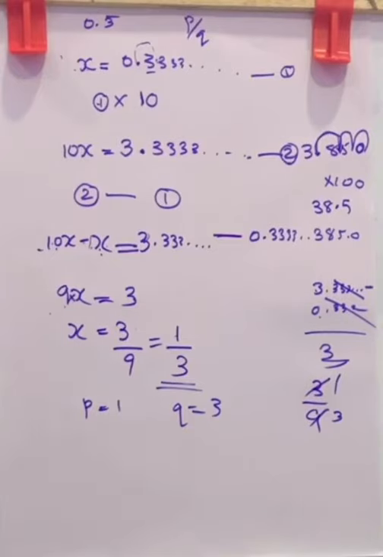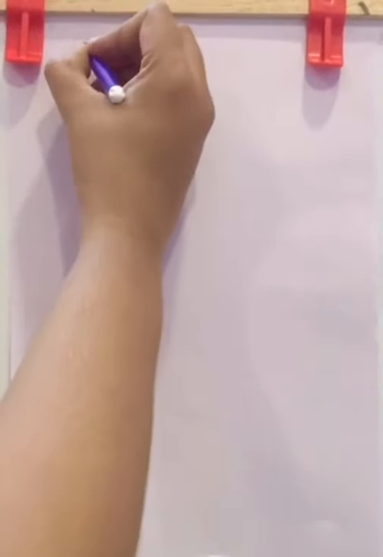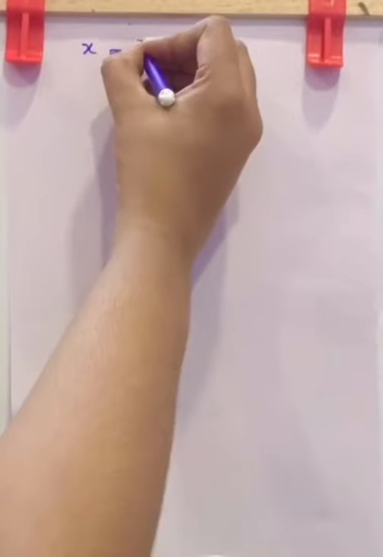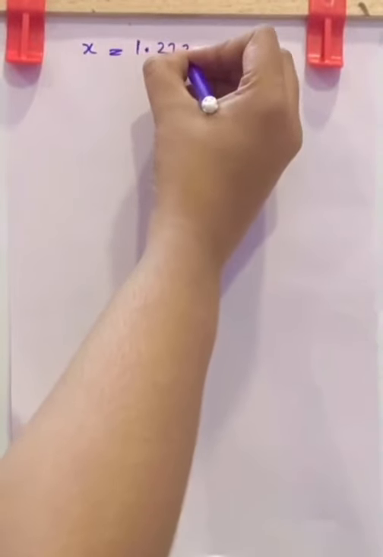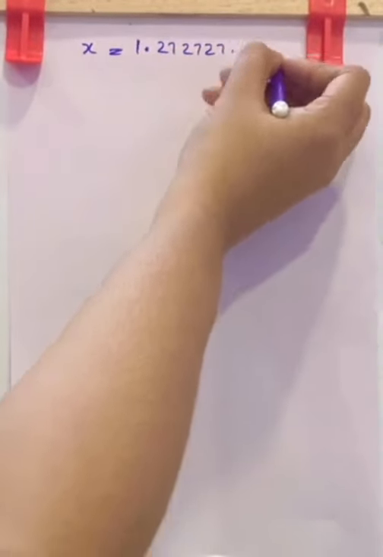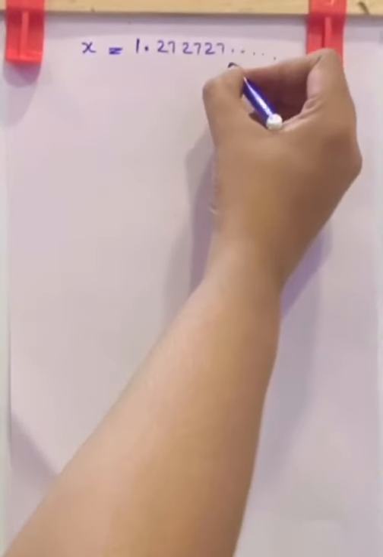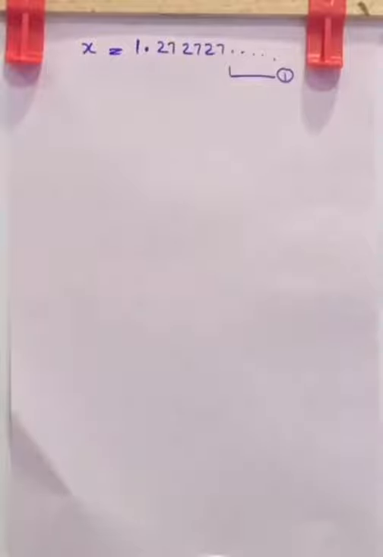Now, a similar question: show that 1.272727, that is 1.27 bar, can be expressed in the form p by q. Here, x is equal to 1.272727 etc. Let this be the first equation.